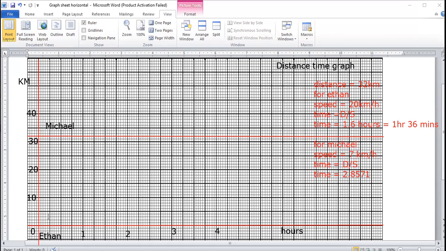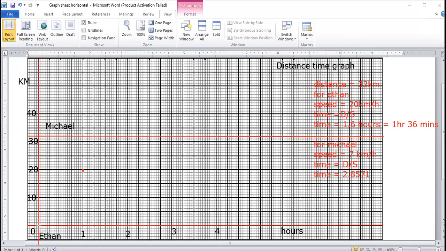See, Ethan's speed was 20 kilometers per hour. So it means in 1 hour, he must have covered 20 kilometers. I will use this to join my line.